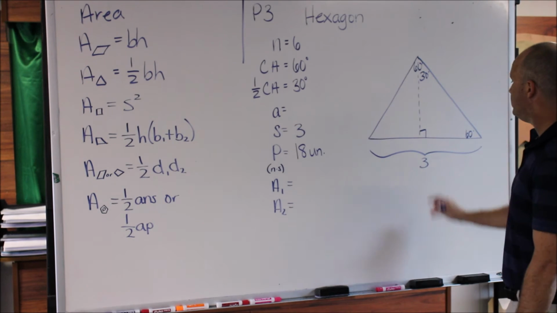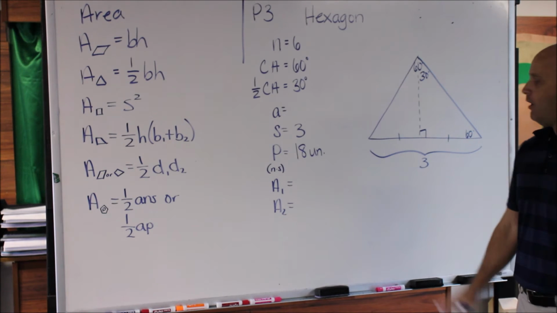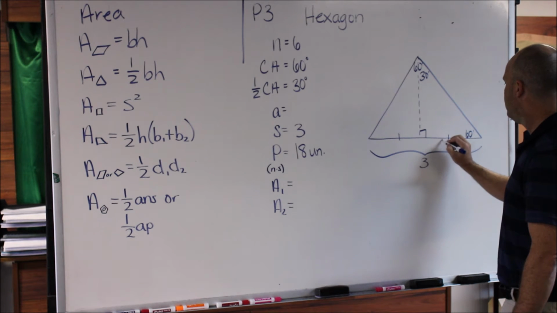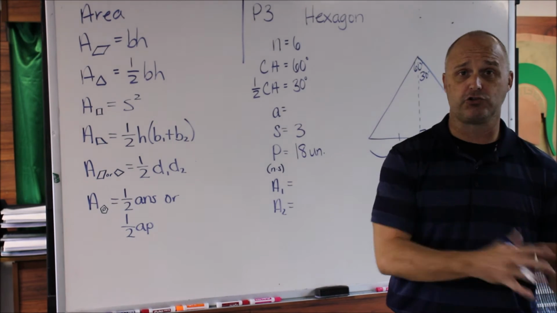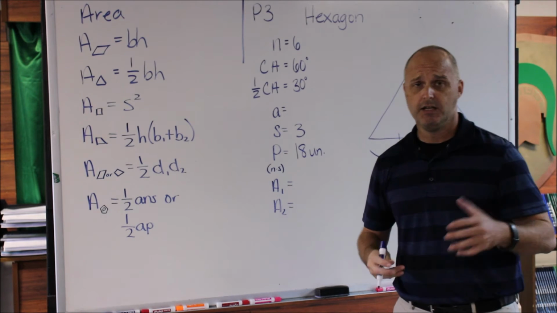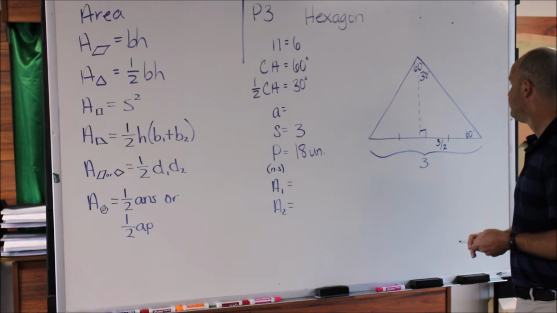So what we want to do is this. We want to say, since we know that this segment is congruent to this segment, what is the length of the segment? It's going to be 3/2, or 1.5. I'm going to use 3/2 because usually using fractions is going to be much easier than using decimals on these.